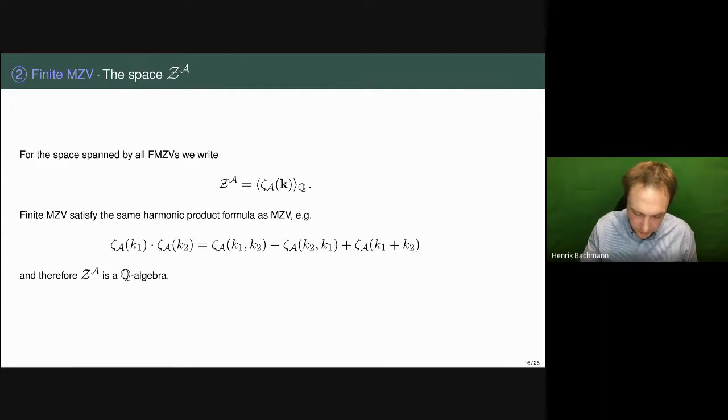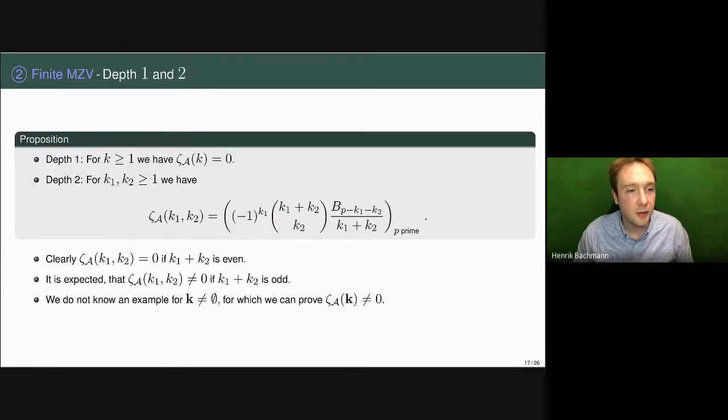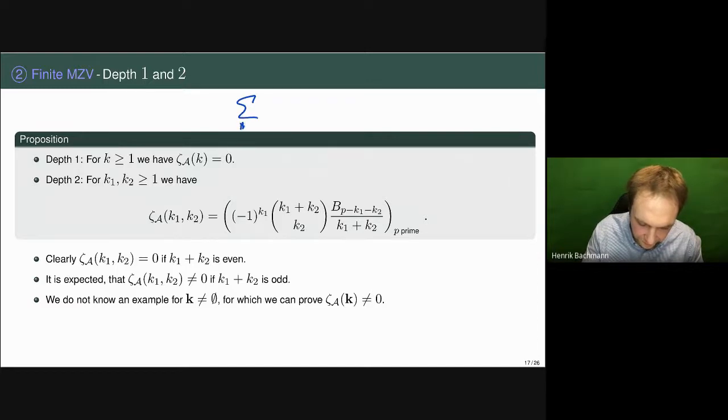And now, how do they look in depth 1? In depth 1, one can show that they are all 0, and this is not hard to see. In depth 1, I just take the sum with m going from 1 to p minus 1 of 1 over m to the k.